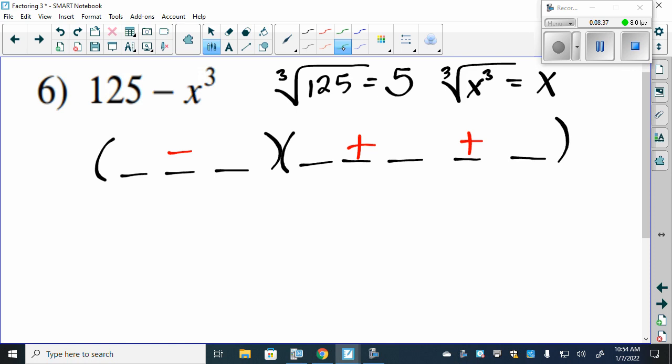Now, which number came first, or which term? The 5 came first, yes? So it will go first. And inside the bigger one, we would have 5 squared, 5 to the first, and then 5 to the 0.